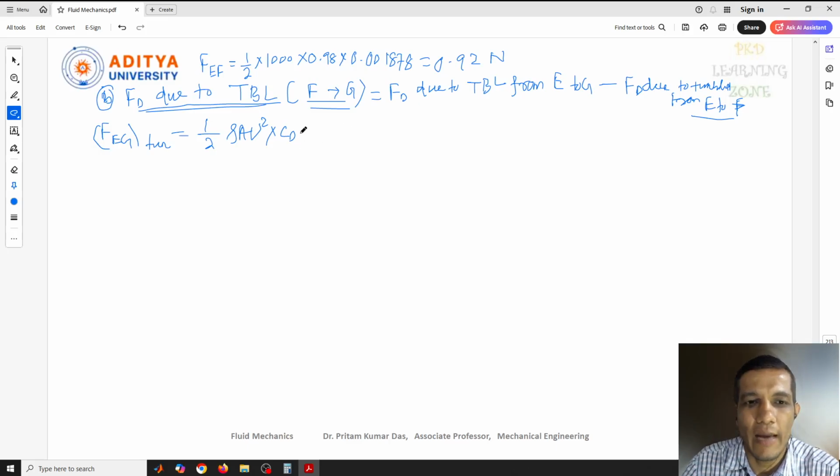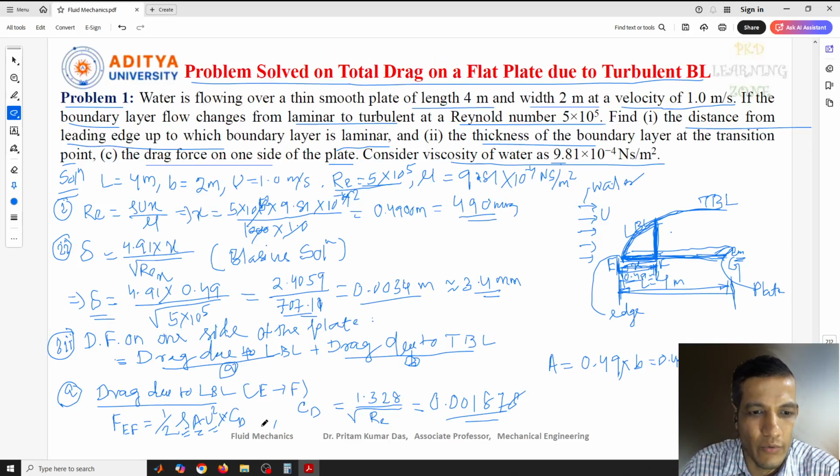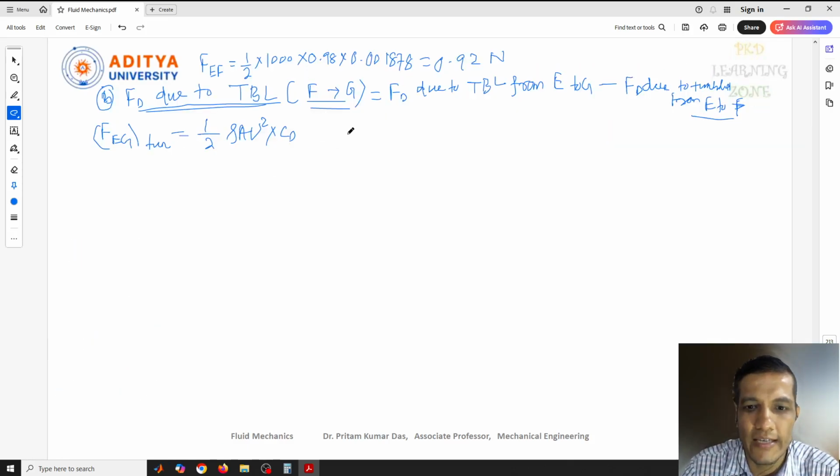In the laminar condition we used the same formula, but there we took the laminar boundary layer condition, and CD was different. Now in the turbulent condition, our CD formula will be different, the coefficient of drag will be different. That is nothing but 0.072 divided by Rex to the power 1 by 5.